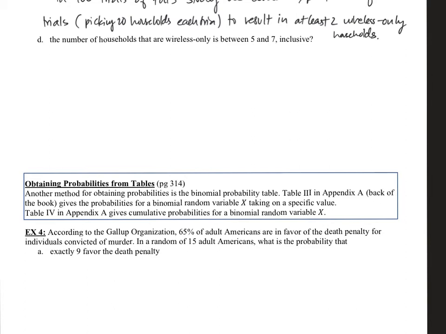So what we're trying to find is the probability of our x value being between 5 and 7, and it's allowed to equal 5 and 7, which is also another way we could write it as 5 or 6 or 7. And then using the addition rule for disjoint events, we break this up into the additions. Oops, not or, it's addition now.